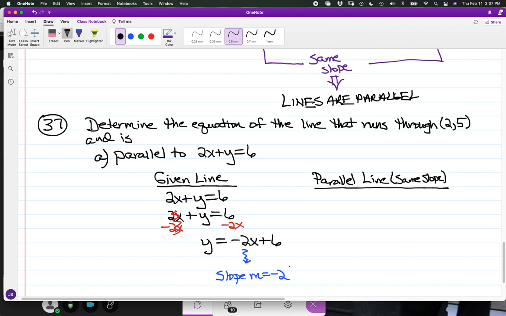So the first line has a slope of negative 2. The parallel line, they have a slope of negative 2. And the point through which the parallel line passes, again, is (2, 5).